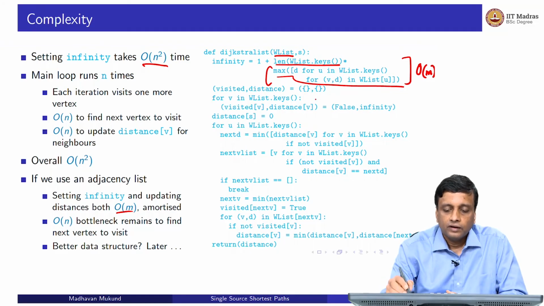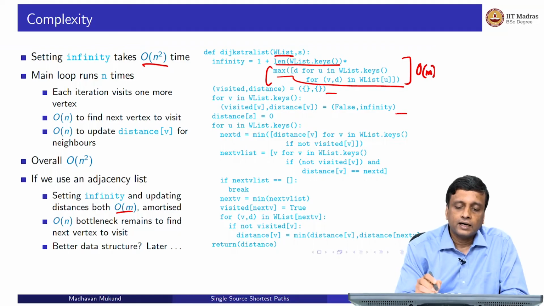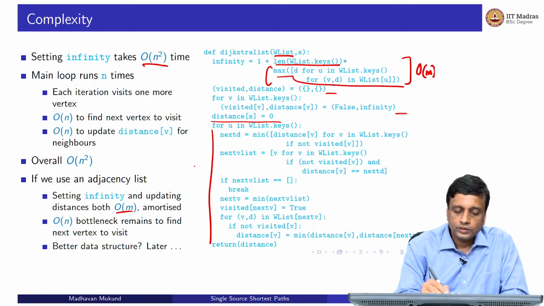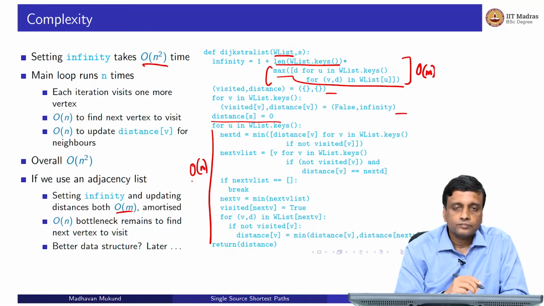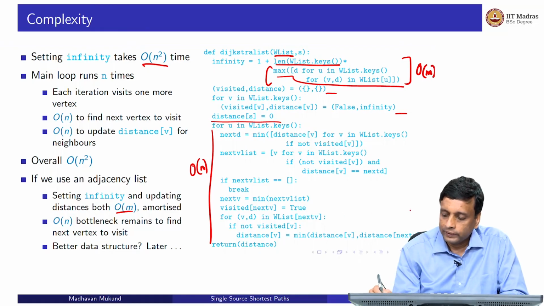I initialize the visited and distance to empty, then I update these things, and then I start with distance s is 0. So far so good. Now again I have this outer loop which is order n. In this outer loop we had 2 nested things which are problematic. One is solved, because now if I want to update the distances, this is order m.